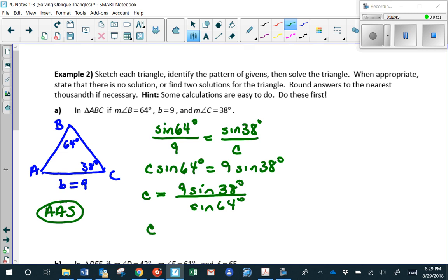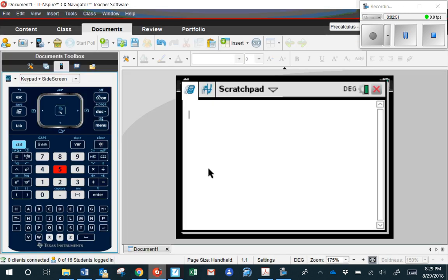Now we're going to utilize the calculator to find its decimal equivalent rounded to the nearest thousandth. I would encourage you to use a template for the fractions. Control and divide gives you the horizontal fraction bar. Then in the numerator, we want to type 9 times the sine of 38 degrees.